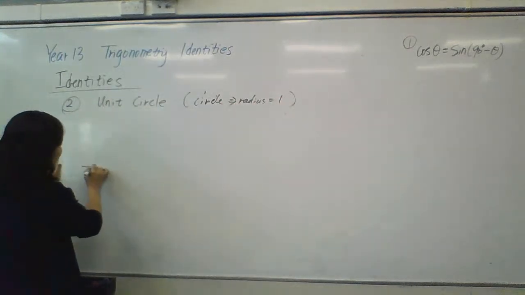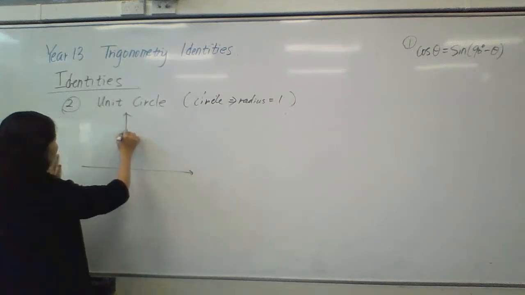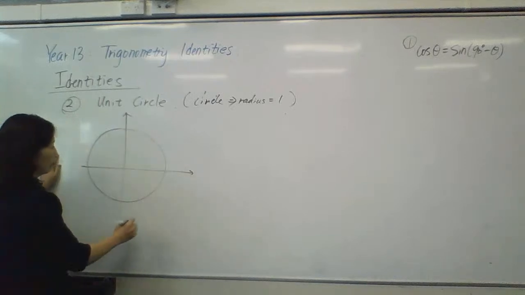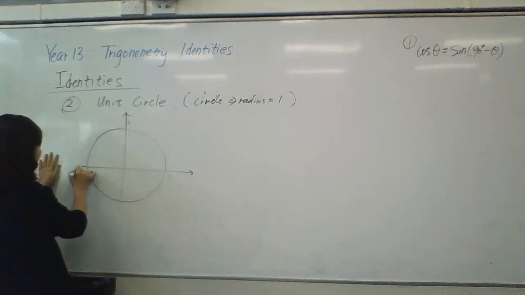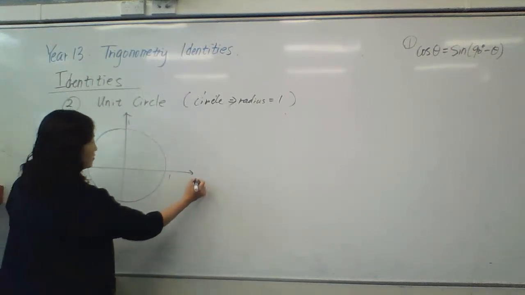So I'm going to draw a unit circle, and the radius of this is 1. So this is 1, 1, negative 1, negative 1. I'm just drawing this on the x and y axis.